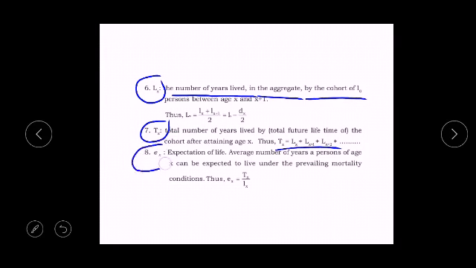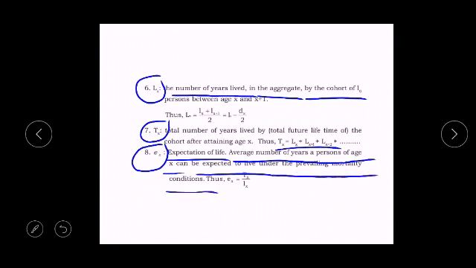And next comes Ex. So Ex is expectation of life, that is, the average number of years a person of age x can be expected to live under the prevailing mortality conditions. So here we can say that it is nothing but longevity.